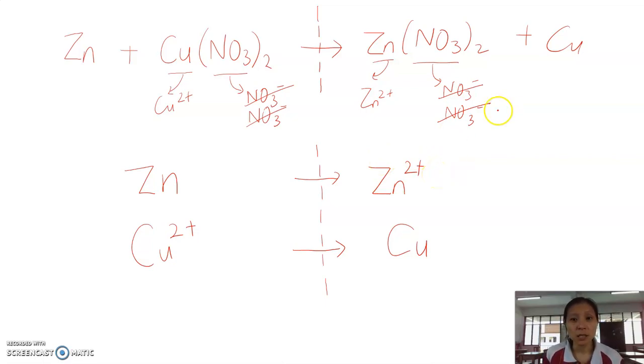Let's say I make a mistake and put the e here. Let's say I put 2e here. You check the charges again. Left side of the arrow has negative 2. Right side of the arrow has positive 2.